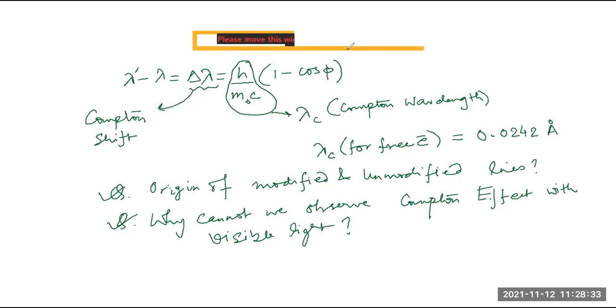Now let us do some numericals on the Compton effect. Please write the question down, and then we'll discuss. X-rays of wavelength 10 picometer are scattered from a target.